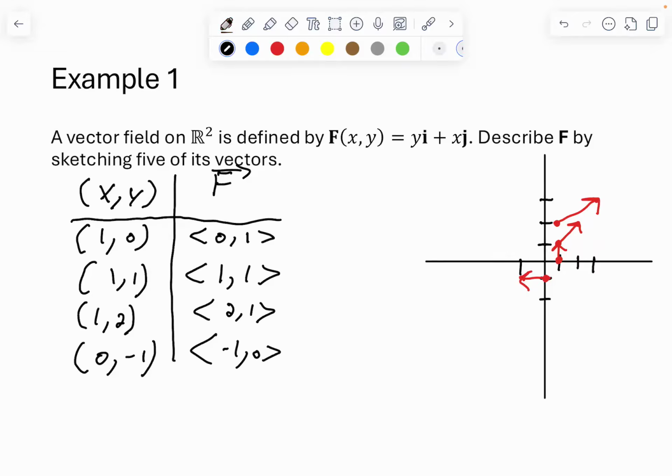And just one more for us to see this. Let us do 3, comma 1. So as a vector, that's going to be 1, comma 3.